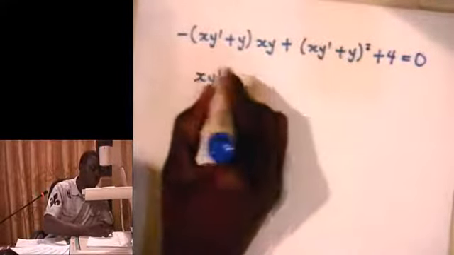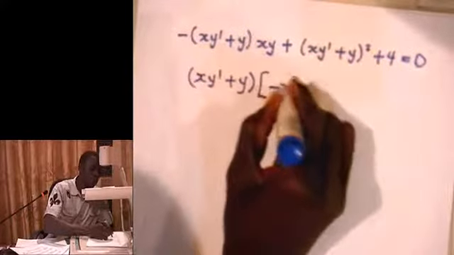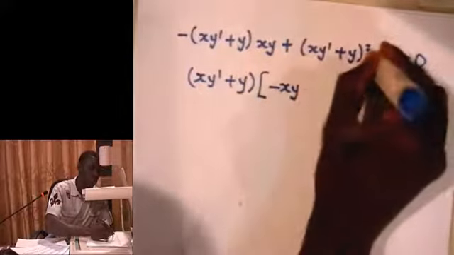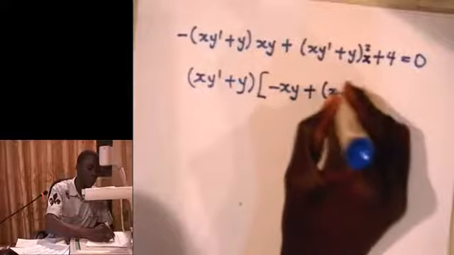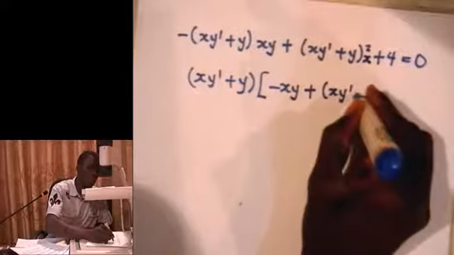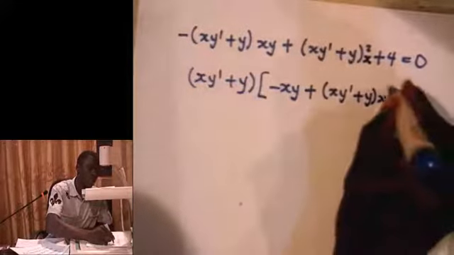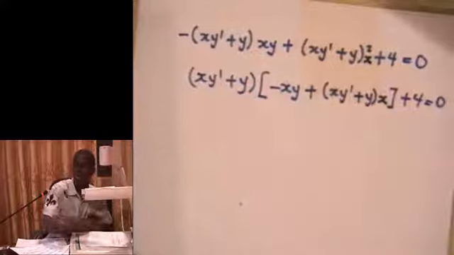So we can factorize this: (xy' plus y) times (minus xy plus (xy' plus y) times x) plus 4 equals 0.